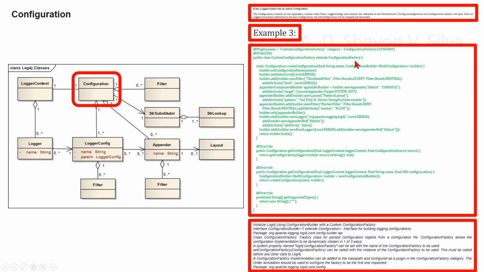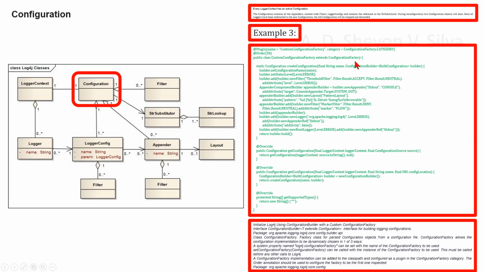ConfigurationFactory allows configuration implementations to be dynamically chosen in one of three ways. A system property named log4j.configurationFactory can be set with the name of the ConfigurationFactory to be used, or setConfigurationFactory can be called with the instance of the ConfigurationFactory to be used.